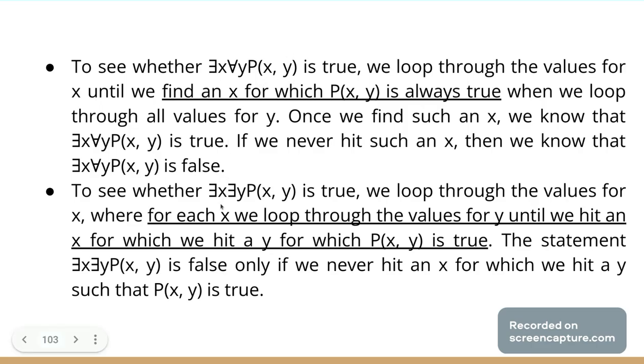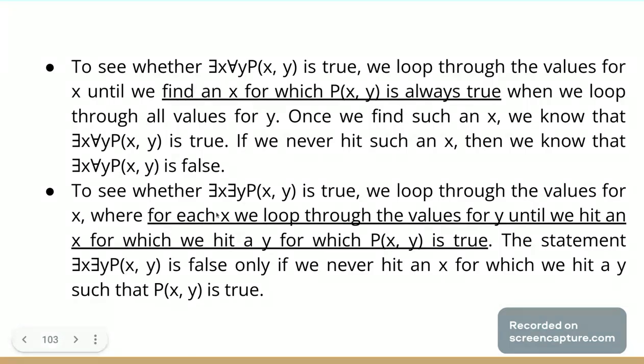Then we have there exists x, there exists y, P(x, y). So now we need to loop through all values of x, within which all values of y are looped through, and for one value of x, we need to find one value of y for which P(x, y) is true.